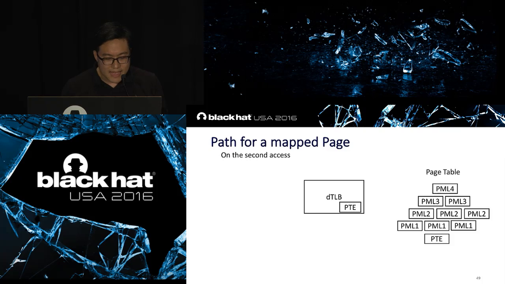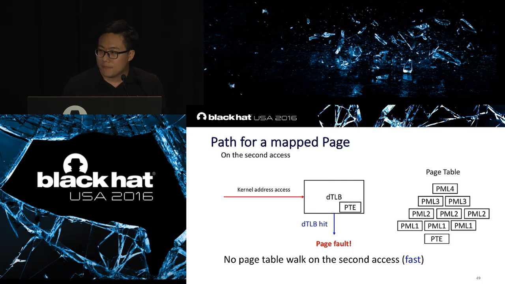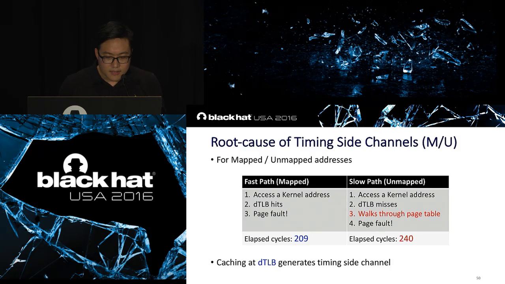On the subsequent access, now the DTLB hits and generates a page fault. So there's no page table walk on the second access, so it returns faster. In summary, DTLB hit and miss determines whether the page table walk is required or not. So that generates a side channel. So it is always faster on a mapped address when measuring the page fault.